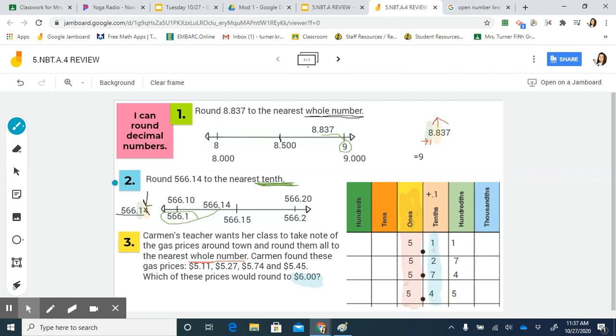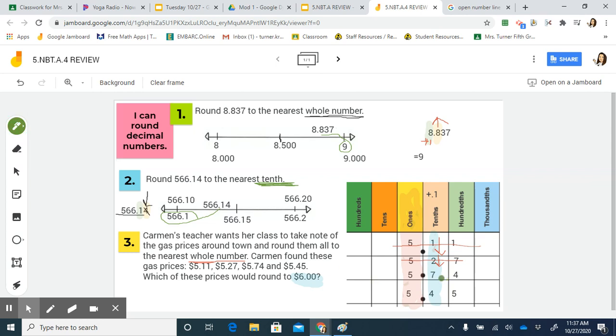Are we rounding up? Are we rounding down? So this first one, you choose my pen here. Right, a 1 tells me that I round down, so that would stay at the 5, eliminate. The 2 tells me to round down, that stays at the 5, eliminate.